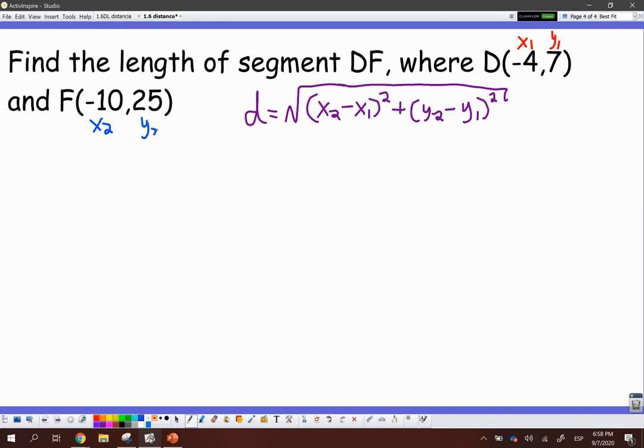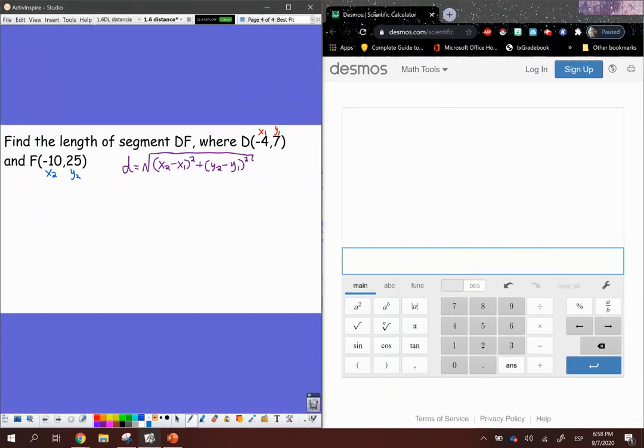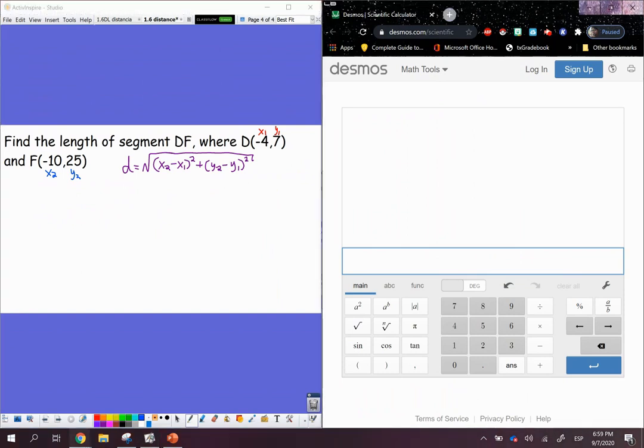Now, like I said, I'm going to be doing this one on the calculator. So let me move this over to the side, and we'll be using Desmos calculator here. When we're doing this in Desmos, what I like to do is to find first what the inside of the radical is.